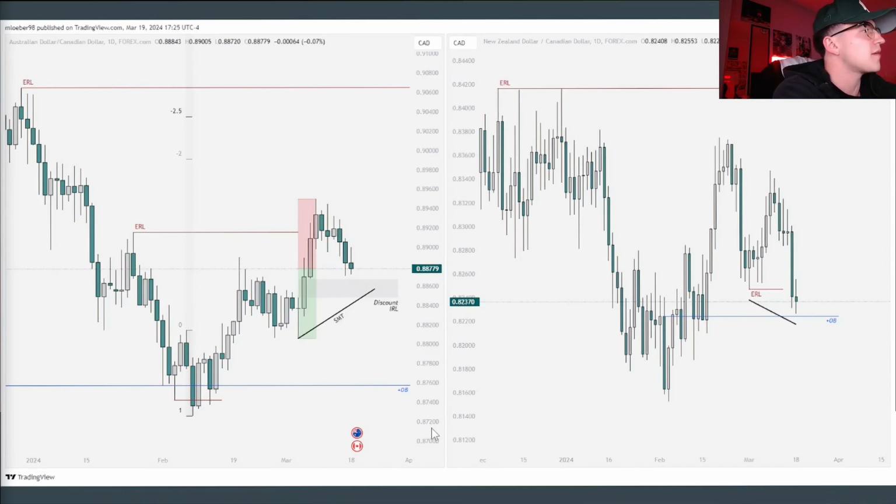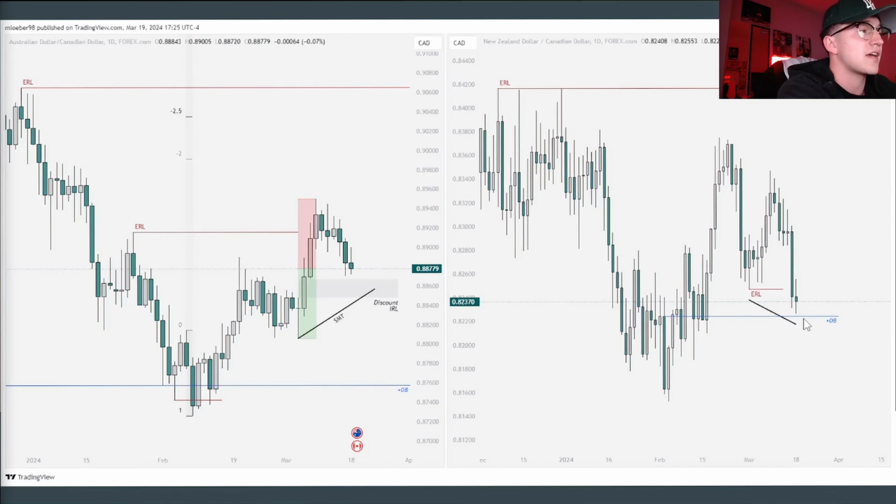So given our economic calendar this week, Tuesday at 8:30 a.m., we had CAD CPI data release. So my depiction and view, prior to the data release, was that I wanted to see Tuesday trade down into this daily internal range liquidity pool in discount, while NZD CAD was running this external range low, potentially reaching into this daily bullish order block.